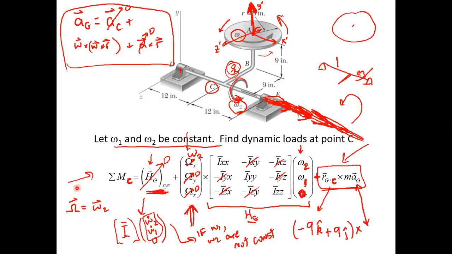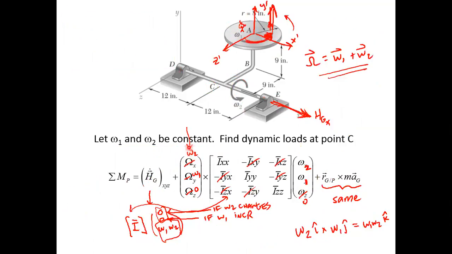When I look at this term, that whole term is going to be different because this has omega 2, whereas in this one I have omega 2 and omega 1. This term is the same, this term is different, so that means this term is going to have to be different as well. And where that comes in is because in this local frame, when I'm writing up on the top, that H is changing.